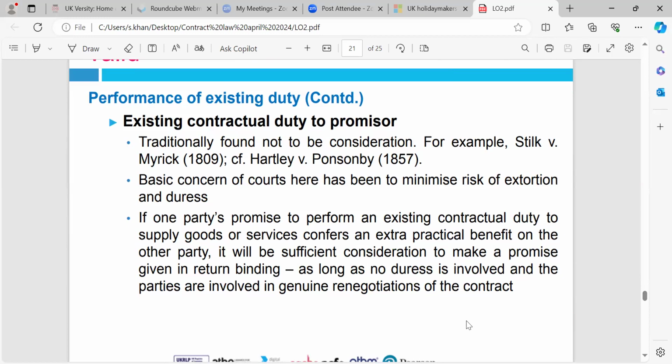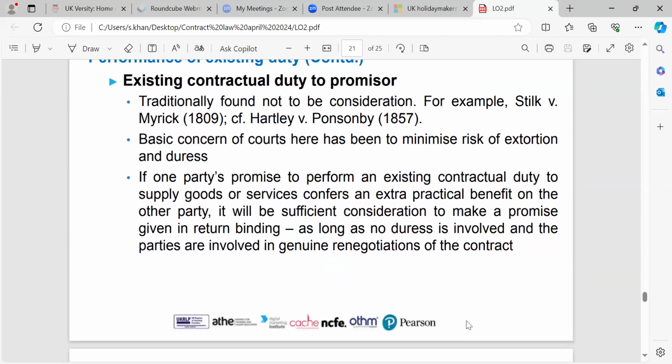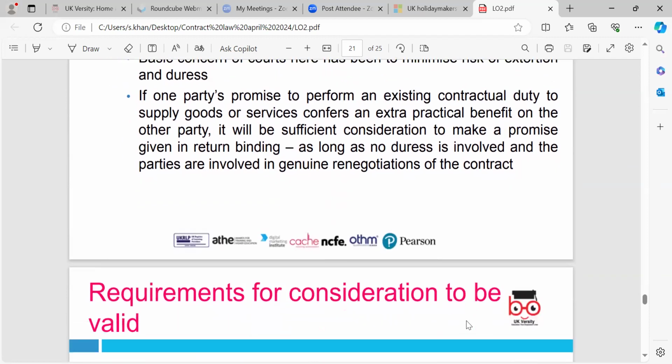If one party's promise to perform an existing contractual duty to supply goods or otherwise confers an extra practical benefit on the other party, it will be sufficient consideration to make a promise given in return binding, as long as there is no duress involved and the parties are engaged in genuine renegotiation of the contract.